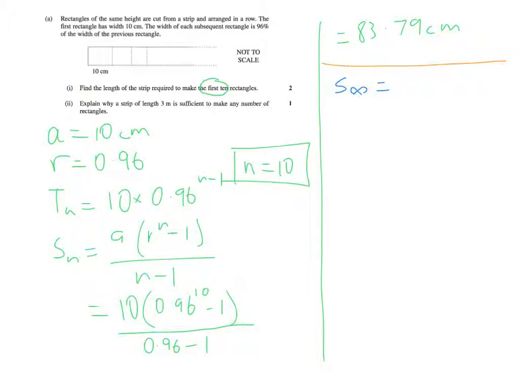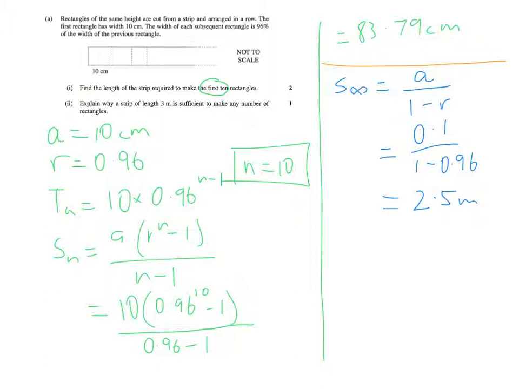Now our formula for that is a over 1 minus r, and in this case our first term is 10 centimetres. Actually, I'm going to use 0.1 because our answer here is in metres, over 1 minus 0.96, and if we put that into our calculator, what we end up with is 2.5 metres.